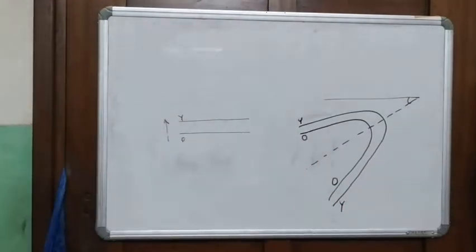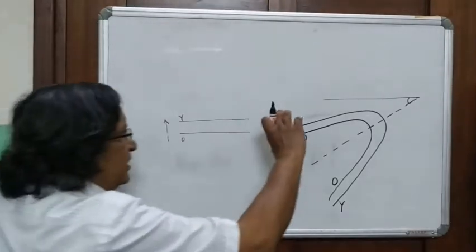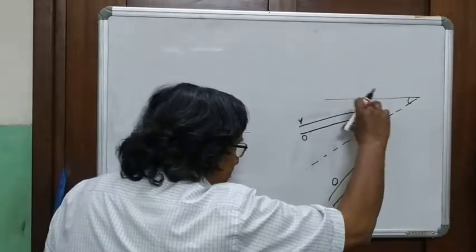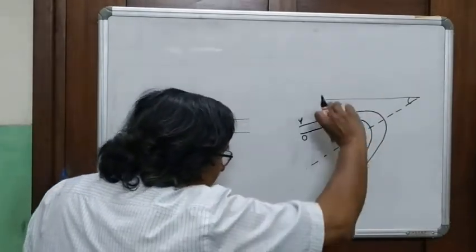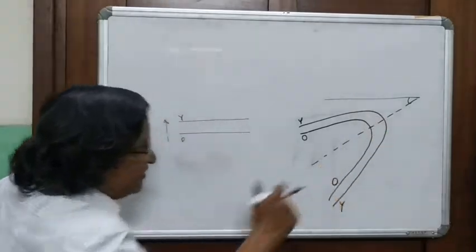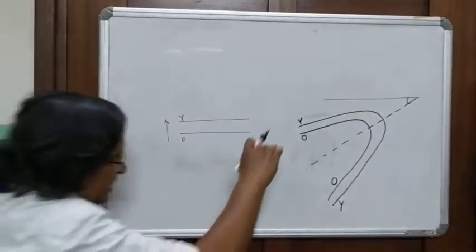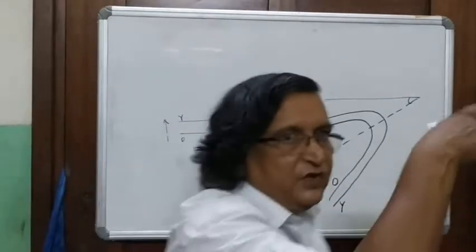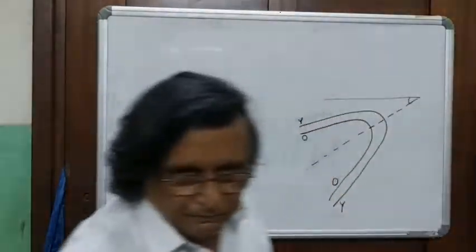What has happened? That's very interesting. Here, it was a right side up geologic section. As you fold it, the section is inverted. That means now your younger sediments lie below the older sediments.